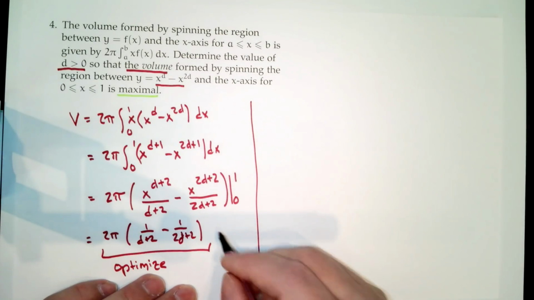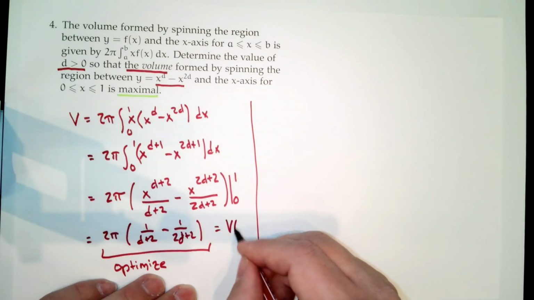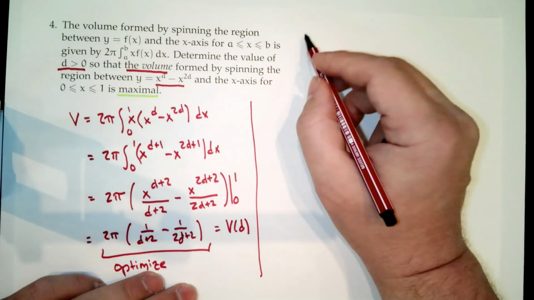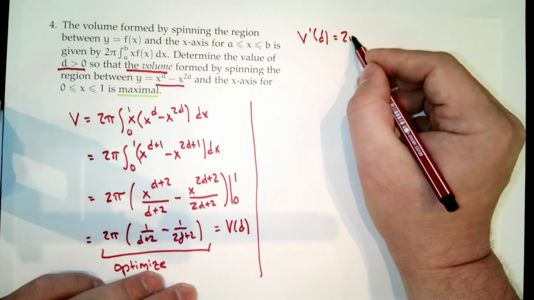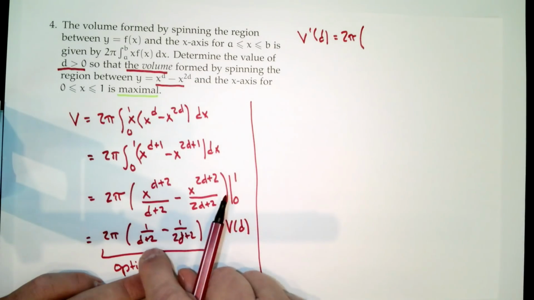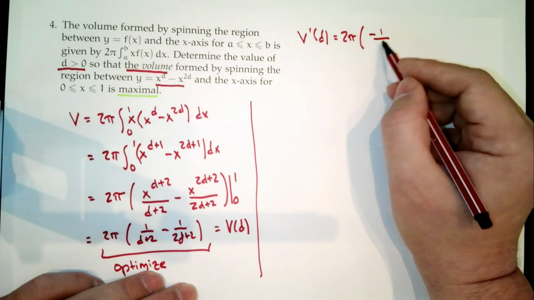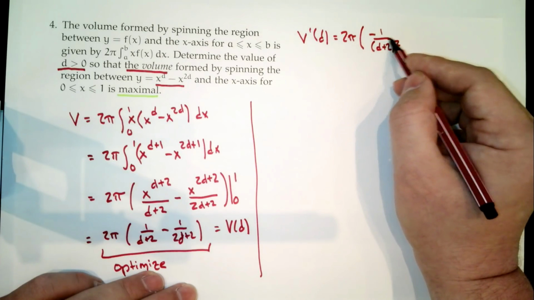Okay, so let's call this, well, we don't really need to call it anything. We call it v of d, just to emphasize it's a function of d. So v prime of d is 2 pi. Then 1 over d plus 2. Again, I can think of this as d plus 2 to the negative 1. So that becomes minus 1 over d plus 2 to the second power.